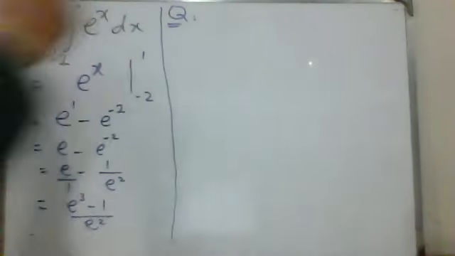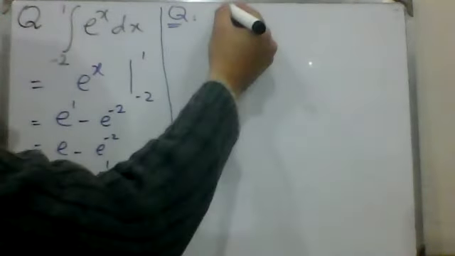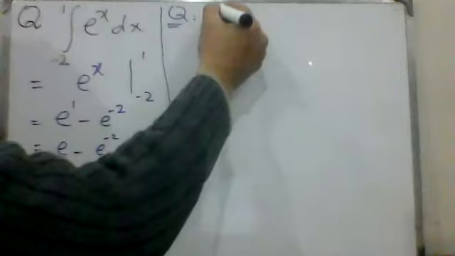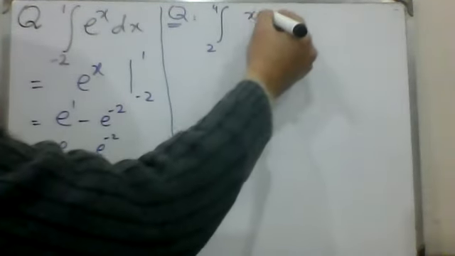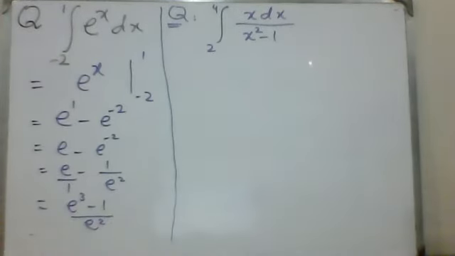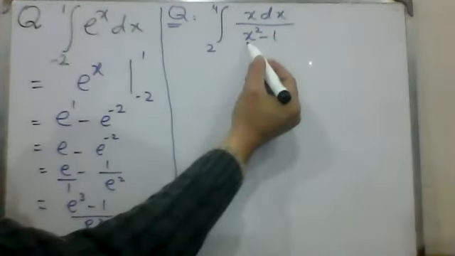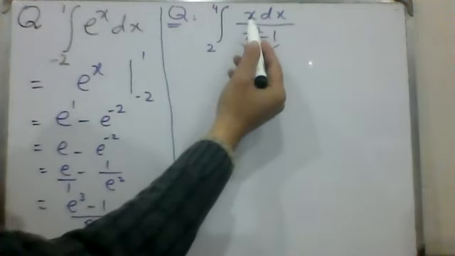Now the next question is a problem simply to solve. The next problem is the integral from 2 to 4 of x dx over x square minus 1. How can we start the problem? The derivative of x square minus 1 is 2x, but in the numerator is x.